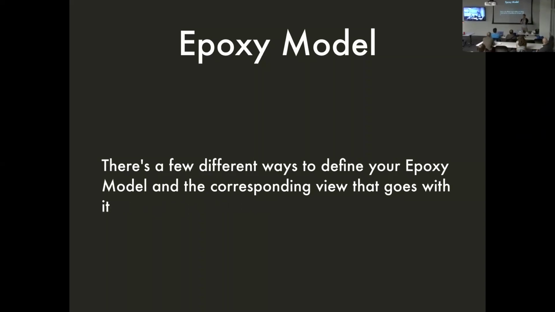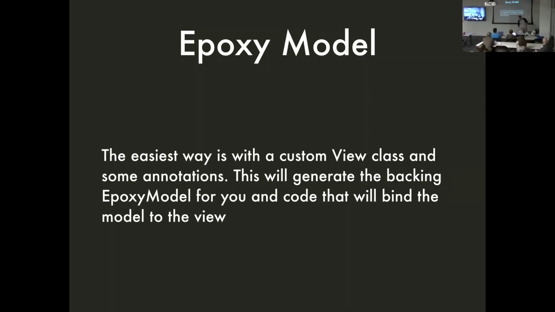But that's if you don't want to use their magical annotation tools. The easiest way to do it is just use their nice annotation stuff. So you basically create a custom view class for each item type, and then you add some annotations to it for the data properties that go with it.